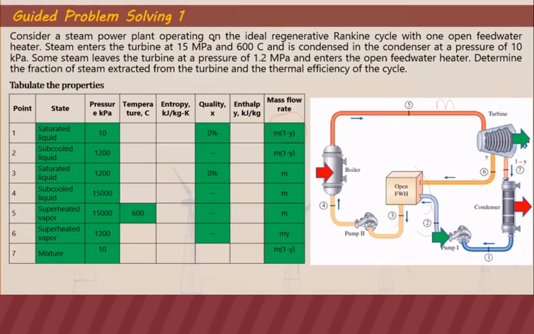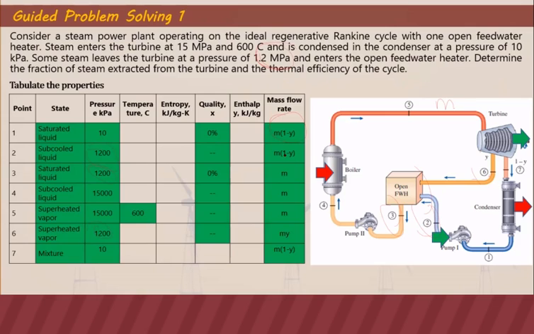And since it is given that it is extracted at a pressure of 1.2 megapascal, points 3, 2, and 6 have the same pressure, and that is 1,200 kilopascal. That's why we have 1,200 here. For the quality, that is a sub-cooled liquid, so no need to put that one.